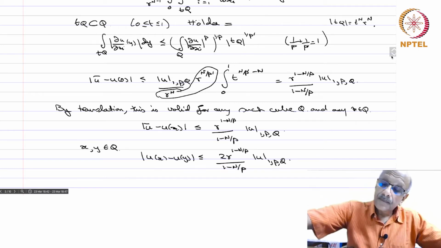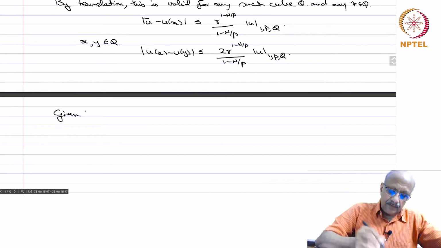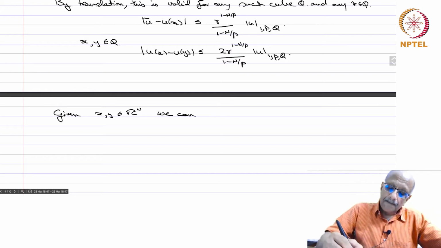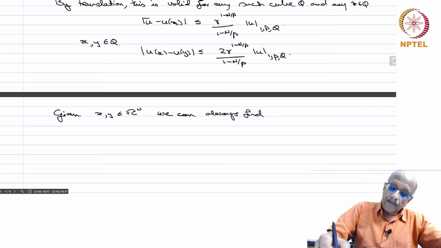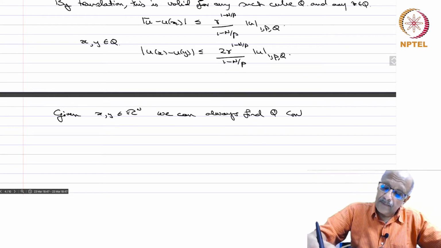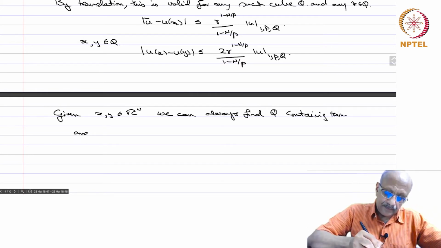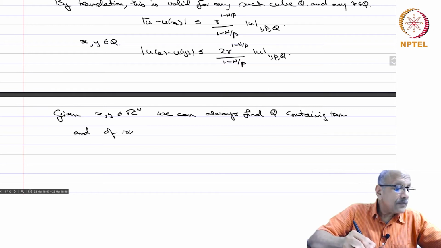Now, given x, y in Rn, we can always find Q containing them and of side r equals 2 times mod x minus y.